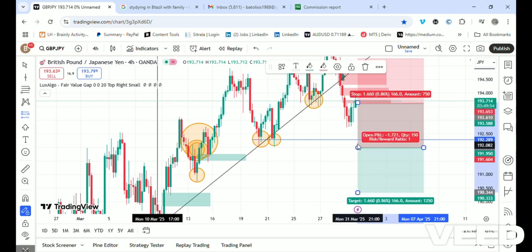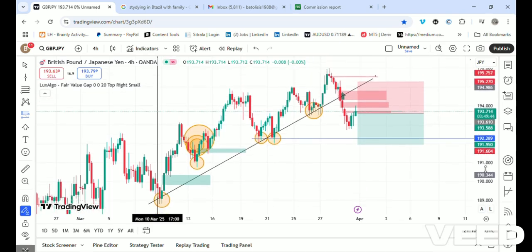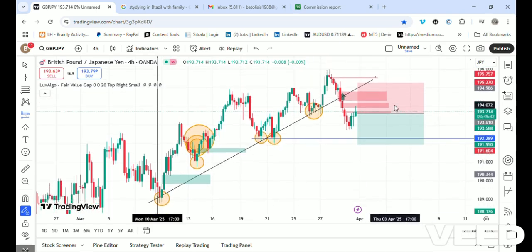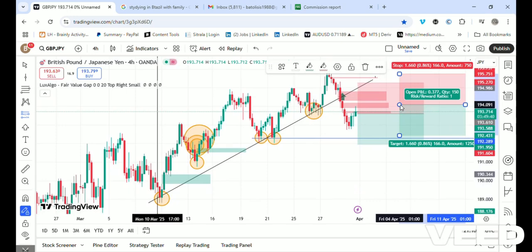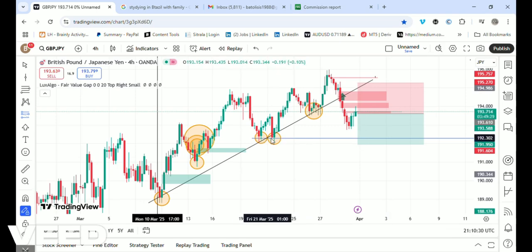Then my first target will be the previous support. I'm targeting the previous support. This is a 1:1 risk to reward ratio. So if the market comes down to pick my sell, I'm targeting this support zone as my take profit.